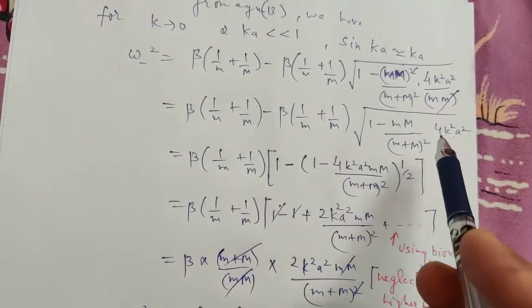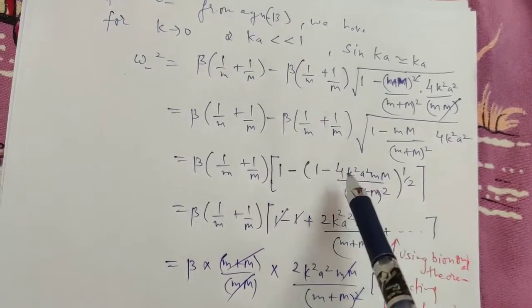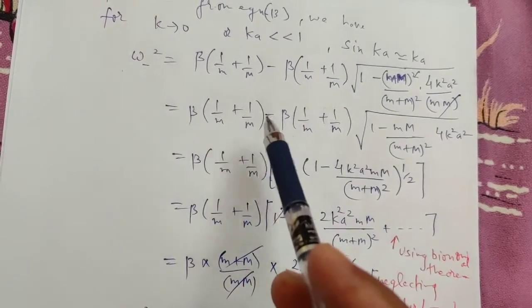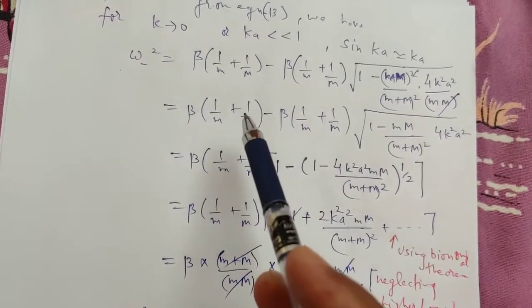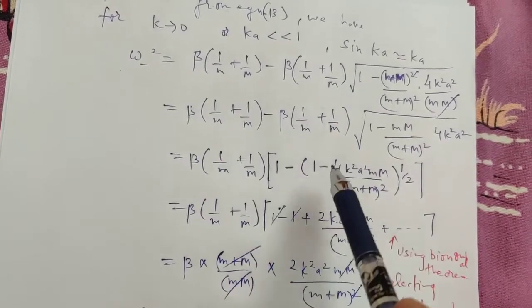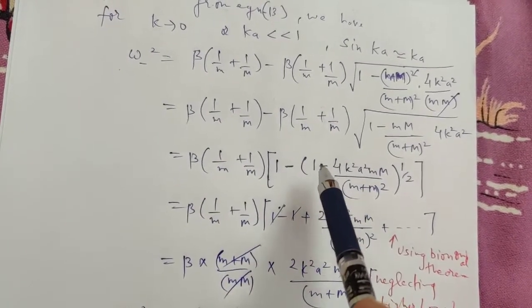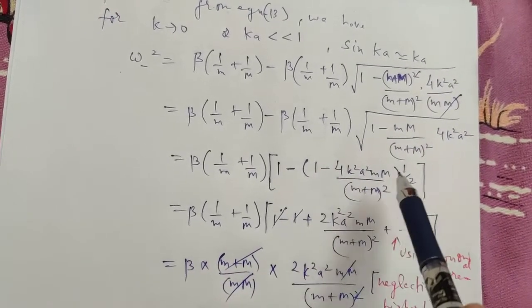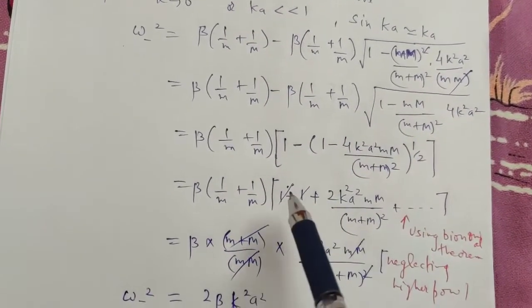And also from here, when you rearrange it, also take this common into this whole equation. This will be 1, this will be minus 1, and this term, and this will be the whole term, this is under root.